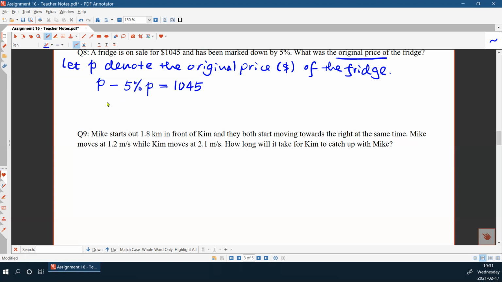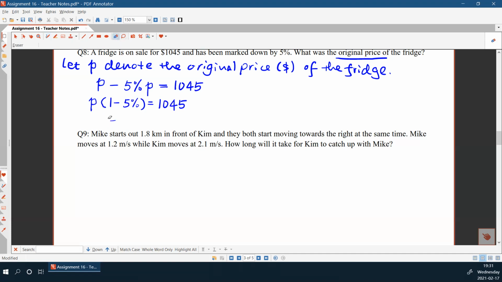Understand? Because P here is a common factor, we can put it in front according to the distributive law, right? So this is P times 1 minus 5% in brackets equals 1045.